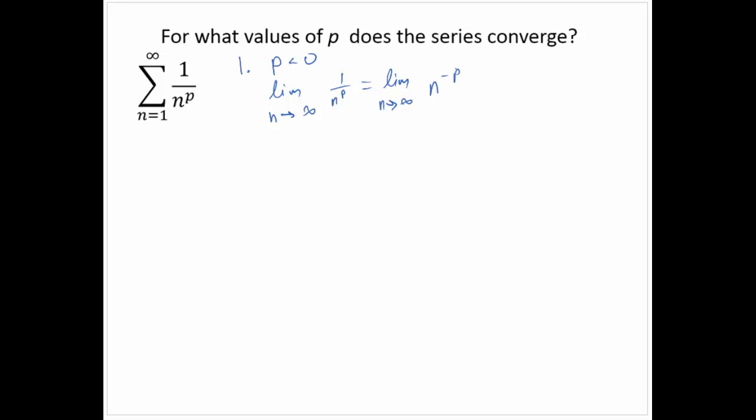Since p is negative, in a sense we have n to a positive number. As n approaches infinity, you would have infinity to a positive number, so this would be an infinite value. Since the limit of the terms is not 0, this is divergent. So if p is negative, it diverges.